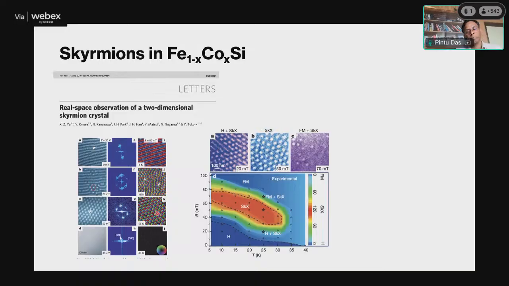They also looked at simulations and then properly identified those phases. There are also some mixed phases, let's say ferromagnet and skyrmions. This is the fully skyrmion phase, and then they drew this phase diagram, field versus temperature, trying to locate exactly in which range of field and temperature the skyrmion phase exists. So this is how the phase diagram looks.